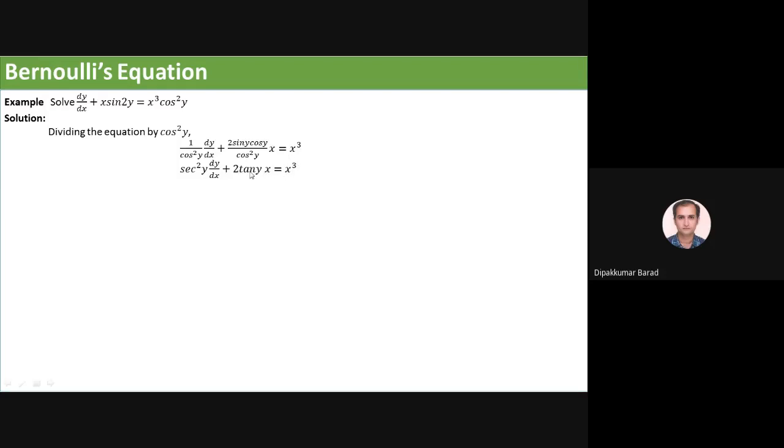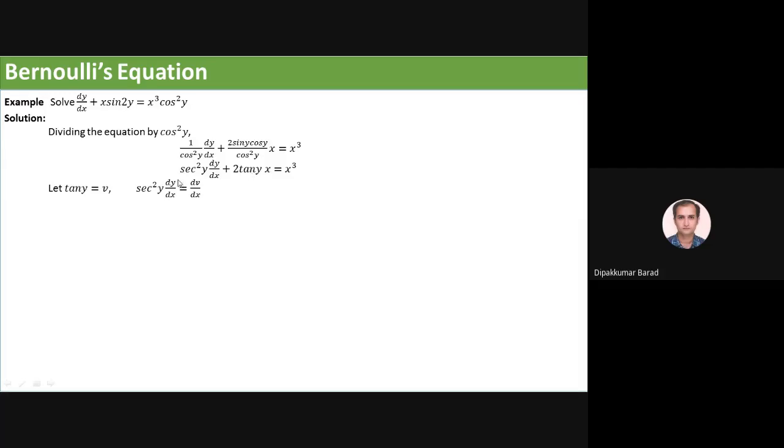So here x^3 is a function of x, p = 2x and q = x^3, and this tan y is my f(y), and the derivative of tan y is sec^2 y.